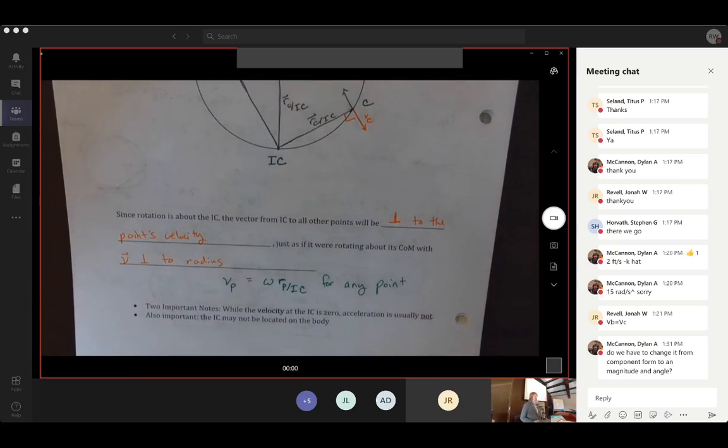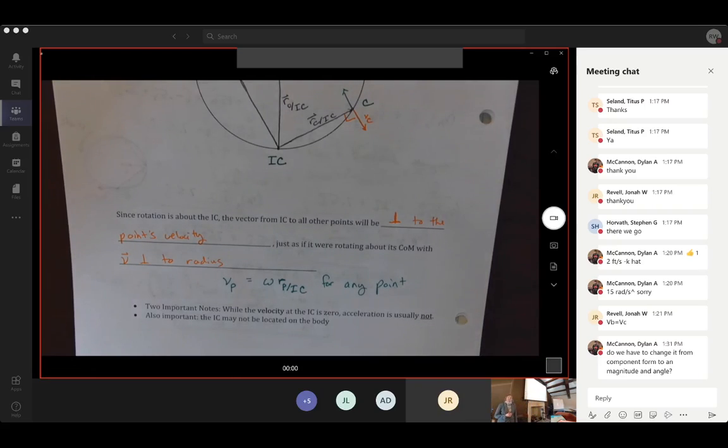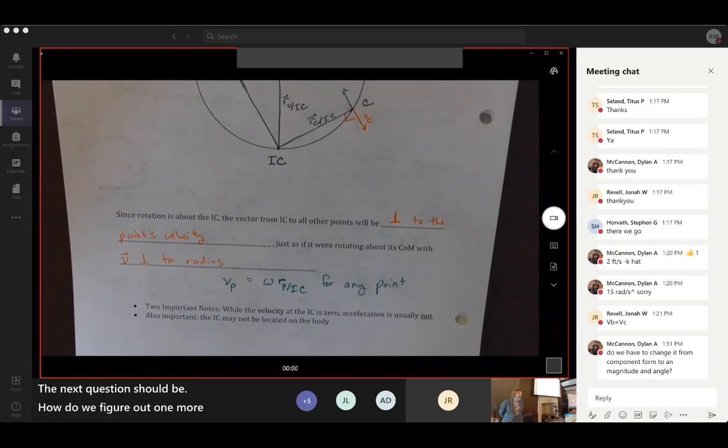Okay, so your next big question should be what? We're interested in finding an instantaneous center of rotation. So the next question should be, how do we figure out what we're rotating about?